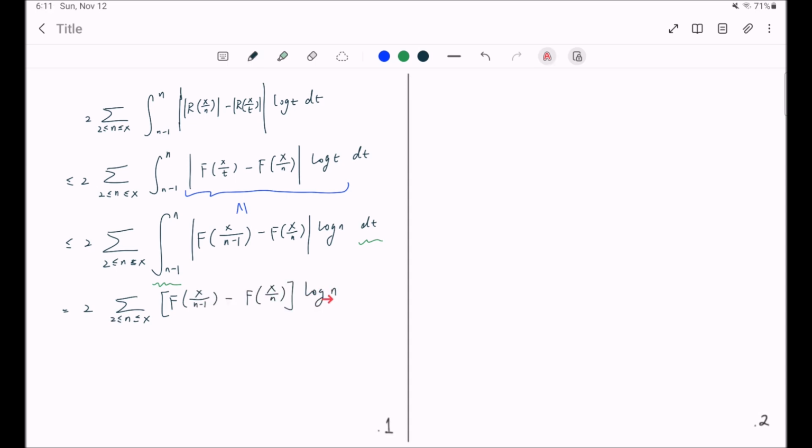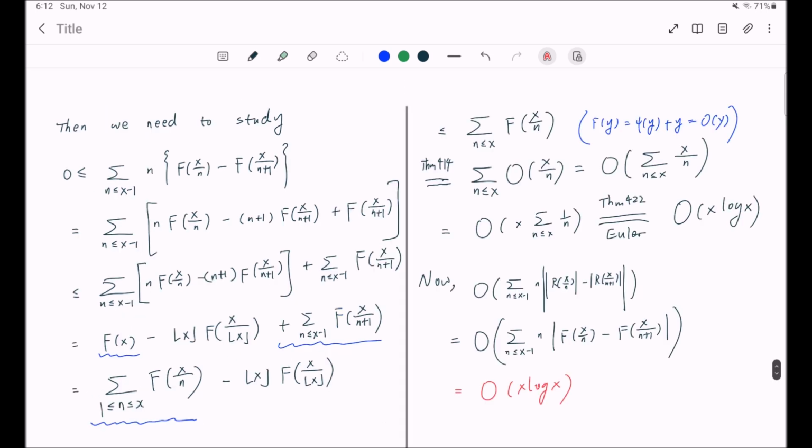And now, because log of n is always less than or equal to n minus 1 for n bigger or equal to 2. You can prove this by calculus. And therefore, we obtain another sum where this estimate applies perfectly. You simply replace n here by n minus 1.